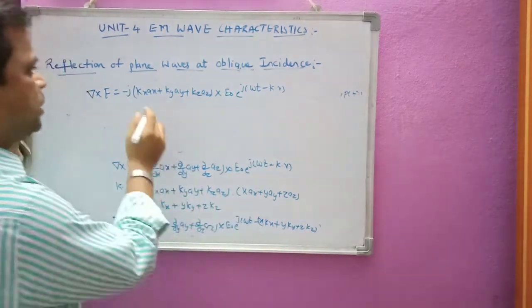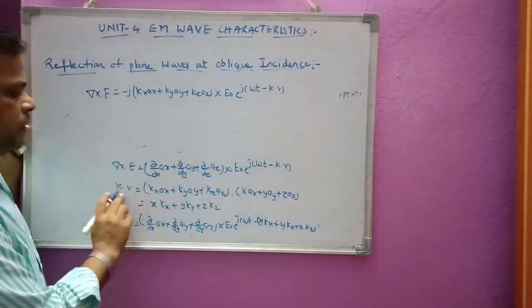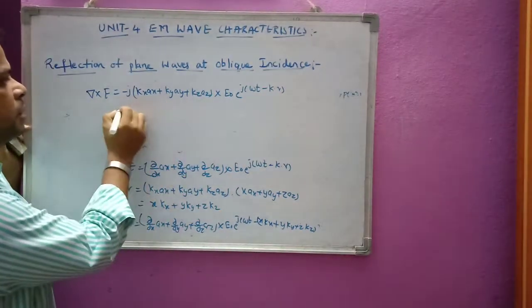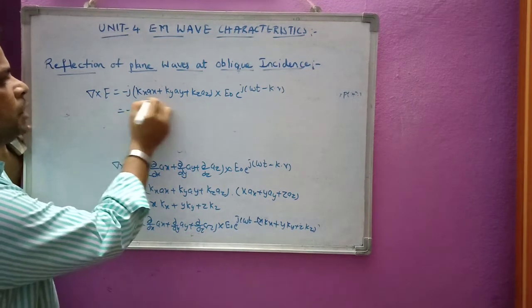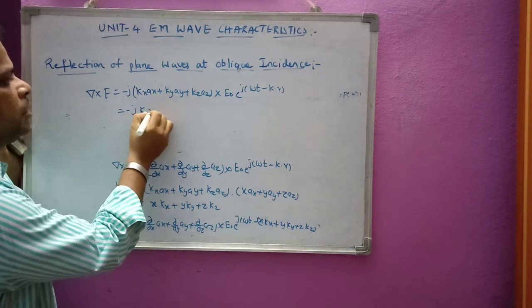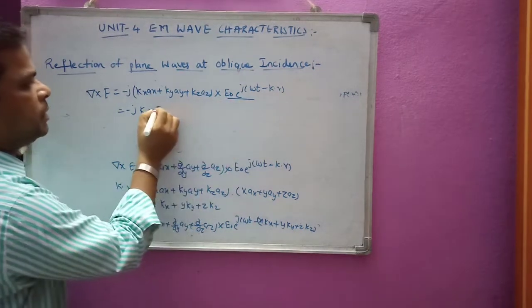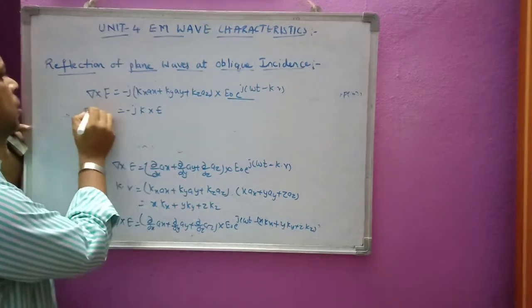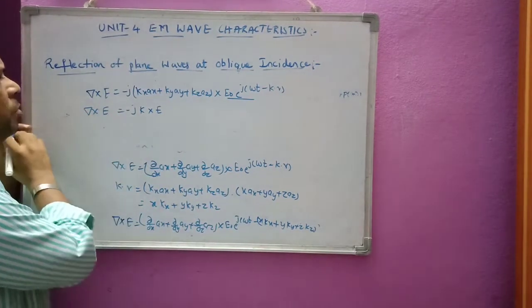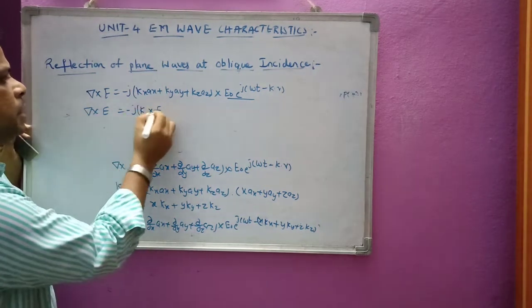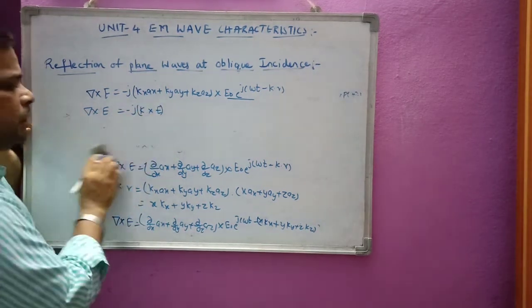Now I will rewrite this equation. This is equivalent to k, and this is equivalent to E, that is k cross E. Now I have got del cross E is equal to minus j into k cross E.